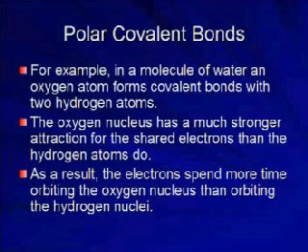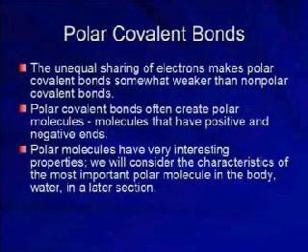As a result, the electron spends more time orbiting the oxygen nucleus than orbiting the hydrogen nucleus. The unequal sharing of electrons makes polar covalent bonds somewhat weaker than nonpolar covalent bonds. Polar covalent bonds often create polar molecules that have positive and negative ends. Polar molecules have very interesting properties. We will consider the characteristics of the most important polar molecule in the body, water. In a later section, we will go into a lot more detail.